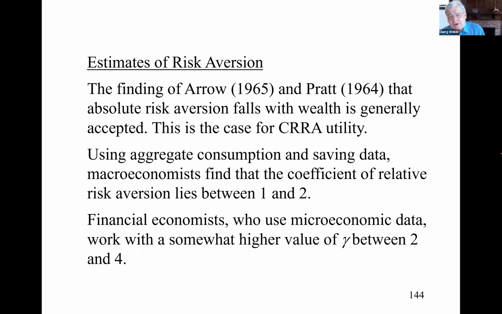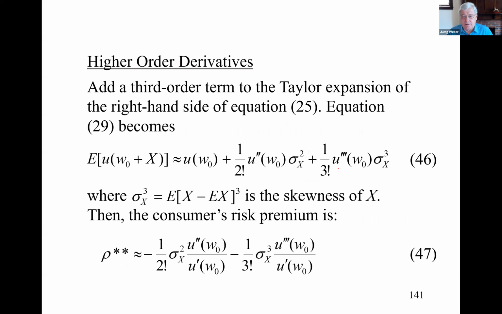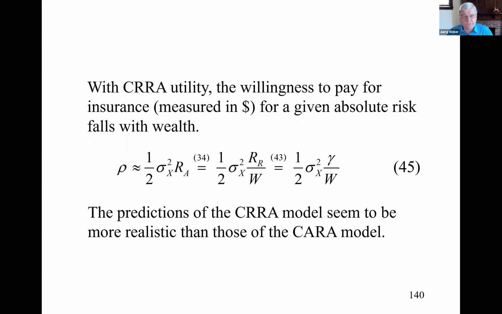Now, we would like to know those utility functions. The findings of Arrow and Pratt that absolute risk aversion falls with wealth is generally accepted. That's the CRRA utility function. We have shown this. I have it here in equation 45.